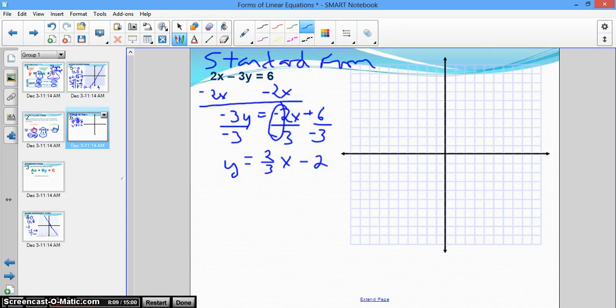So we can go to our y-intercept and say negative 2, make a point, and we can do a rise of 2 over a run of 3 and make a point.